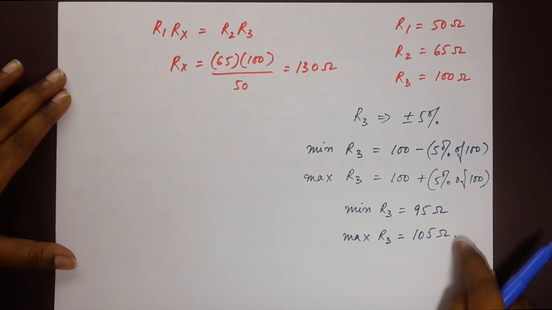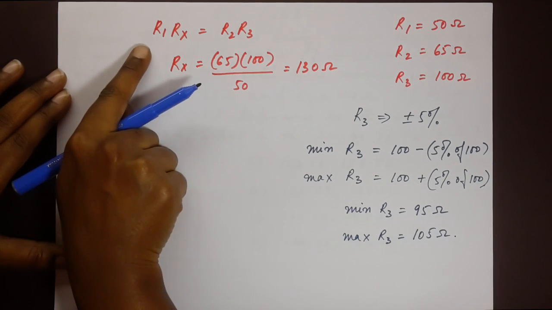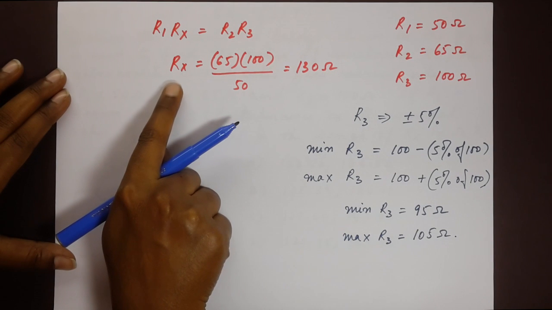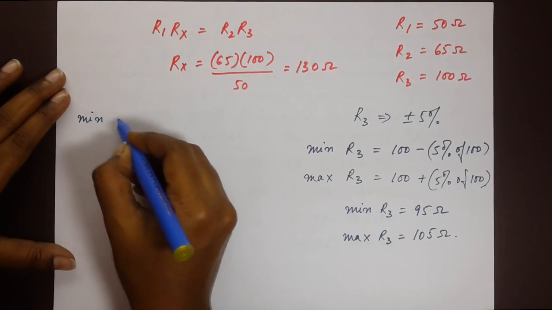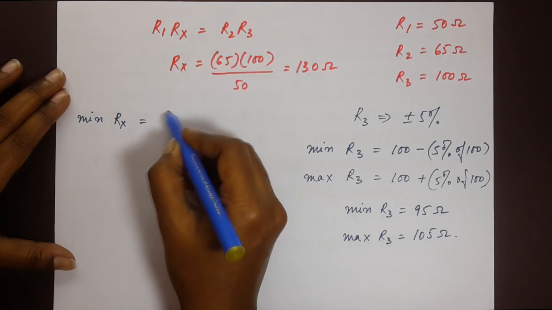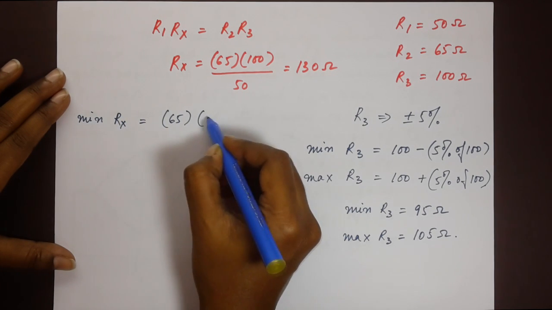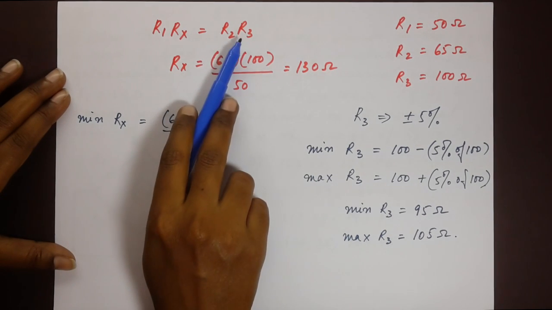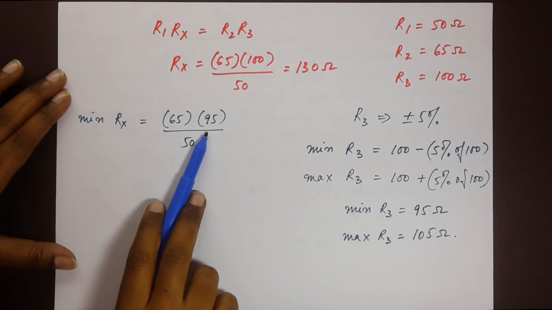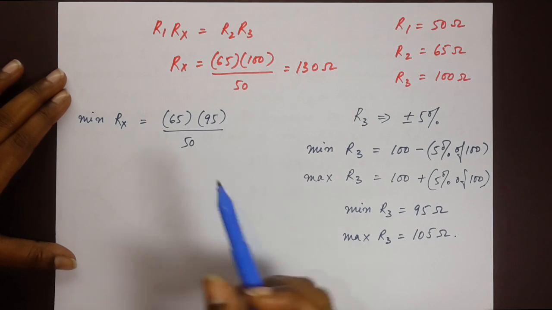So at both of these values, substituting that into this equation, we'll be able to find out 2 values of Rx. So that gives us minimum of Rx would be 65 into 95 divided by 50. R3, we utilize the minimum value 95.